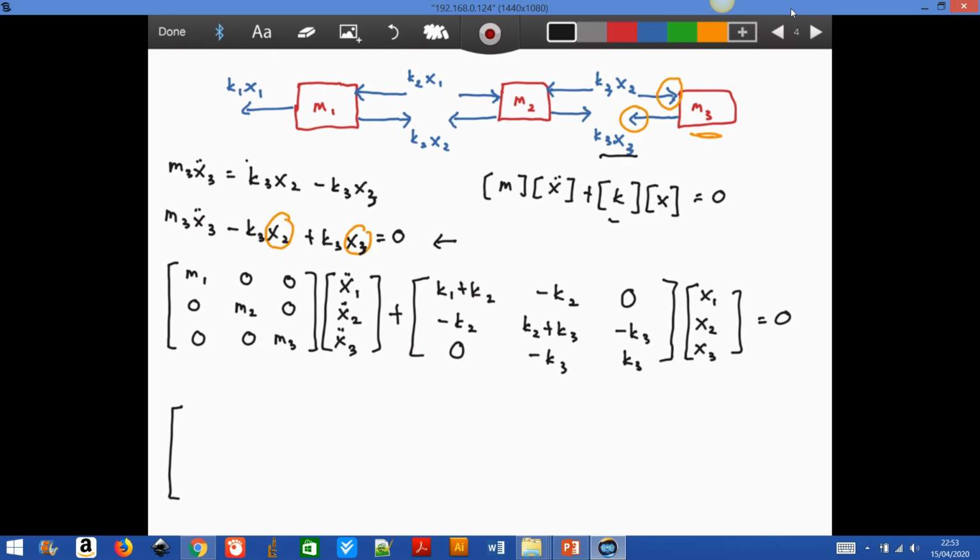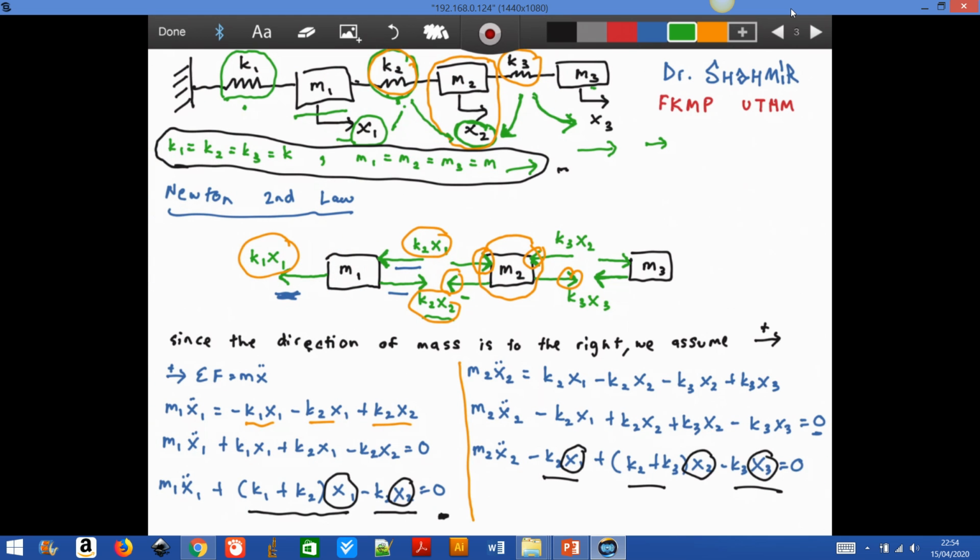So we know that m1, m2, and m3 are equal to m, so this will become m 0 0, 0 m 0, 0 0 m. Why do we replace it with m? Because it's already given in the question that k1 equals k2 equals k3 equals k, and m1, m2, m3 equal m.